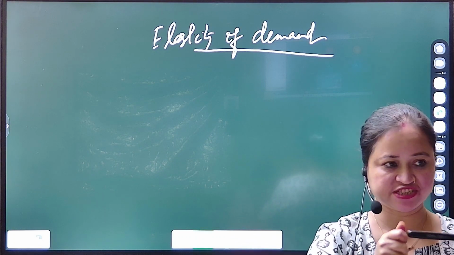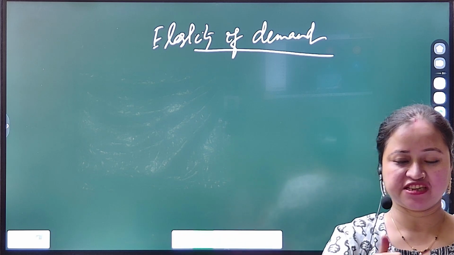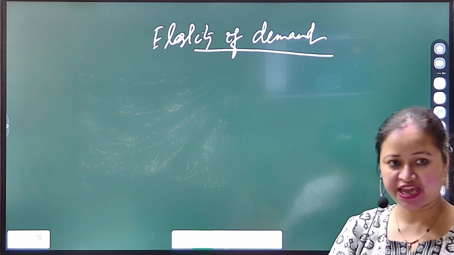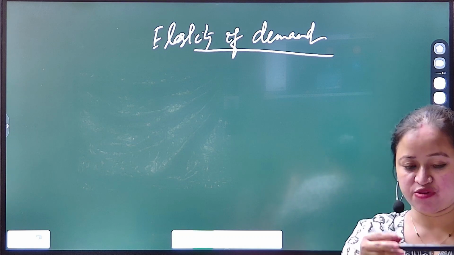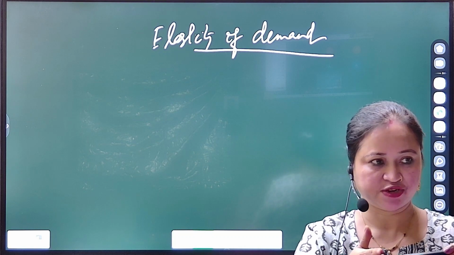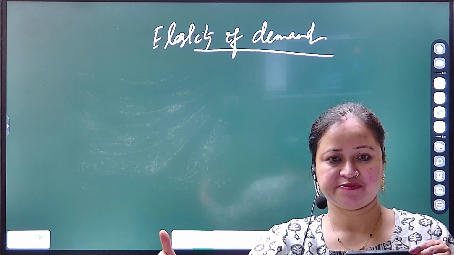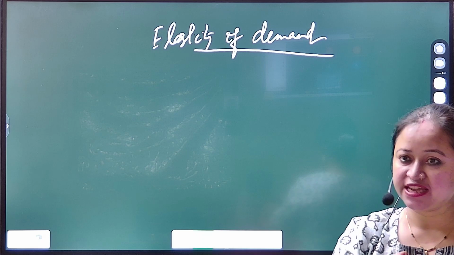When you stress it, it will stretch this much. When you leave it, again it will come back here. So that is elasticity. So that way, whenever we talk about price, due to price, demand may increase or may decrease. So that is your elasticity of demand.